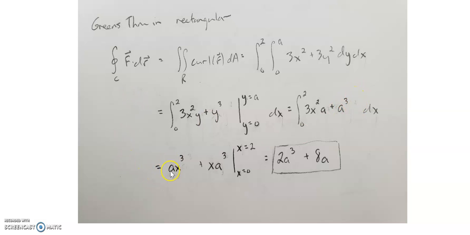Then I integrate that with respect to x. So this goes to ax cubed, and this goes to x times a cubed, evaluated from x equals 0 to x equals 2. It would be flip-flopped if I had gone directly from here to here, but I left the old answer that was there. I get 2a cubed plus 8a.